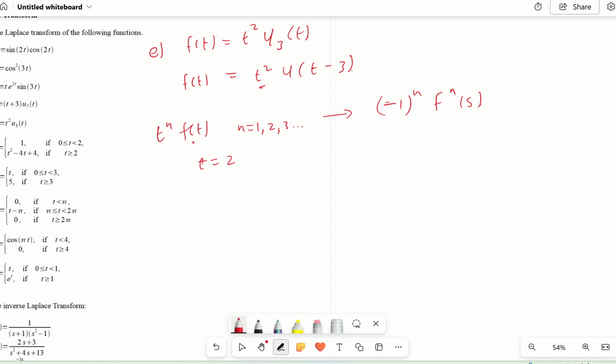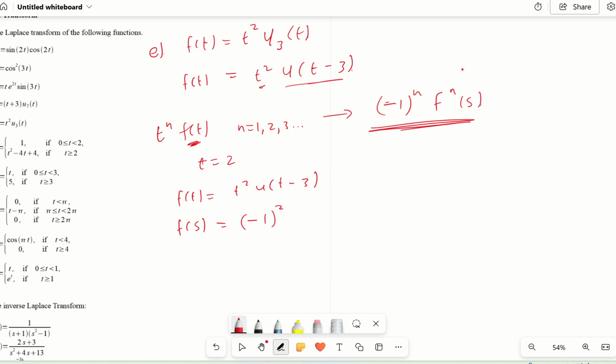But then our f of t is this. So f of t is equal to, wait, no, our f of t, it's this. So our f of s, remember, is going to yield this outcome. It's minus 1 squared.